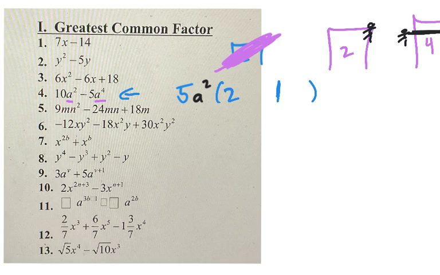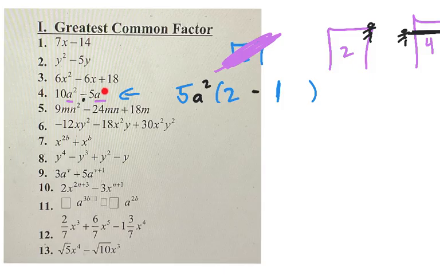So I'm going to factor that out. And so if I had a to the second here and I factored an a to the second out, then that is a to the 0, and a to the 0 is just 1. So we could write times 1. I'm just going to leave that part out. Then I've got the minus here. And again, a to the fourth has a GCF of a to the second. So what we do here, we subtract exponents, right?